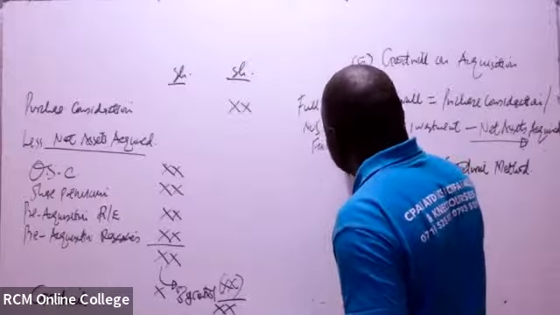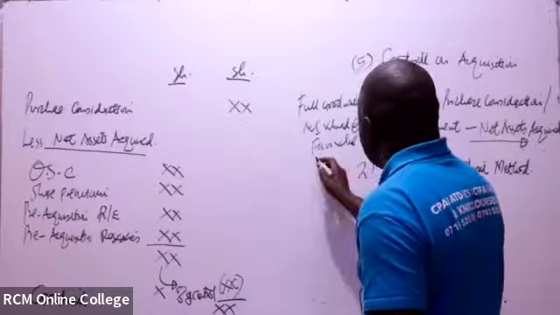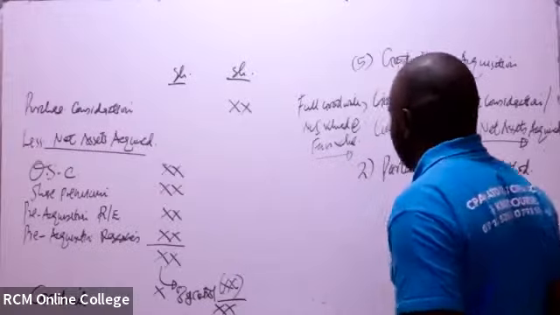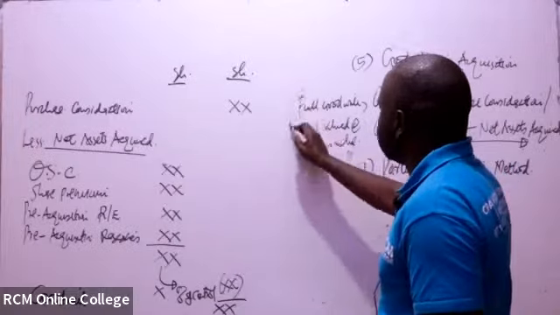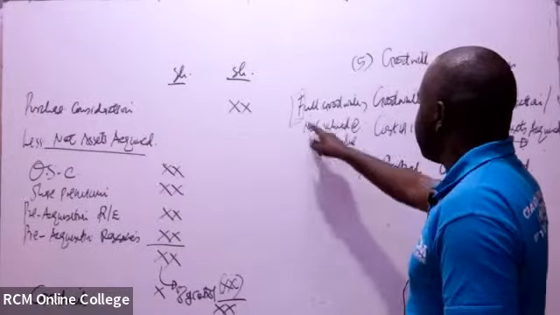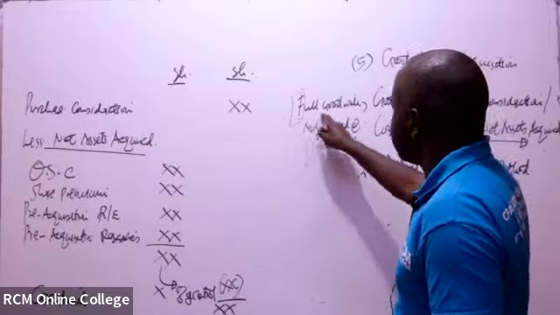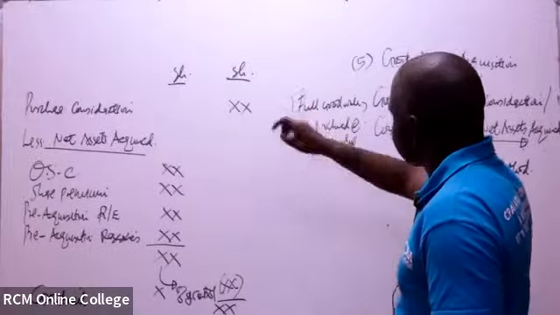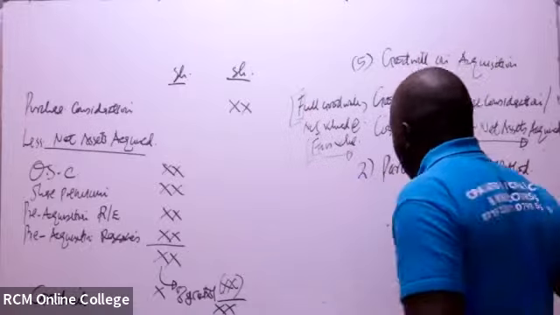When you see this statement, don't think twice. He wants you to use the full goodwill method. F, full, fair value. Don't think twice.